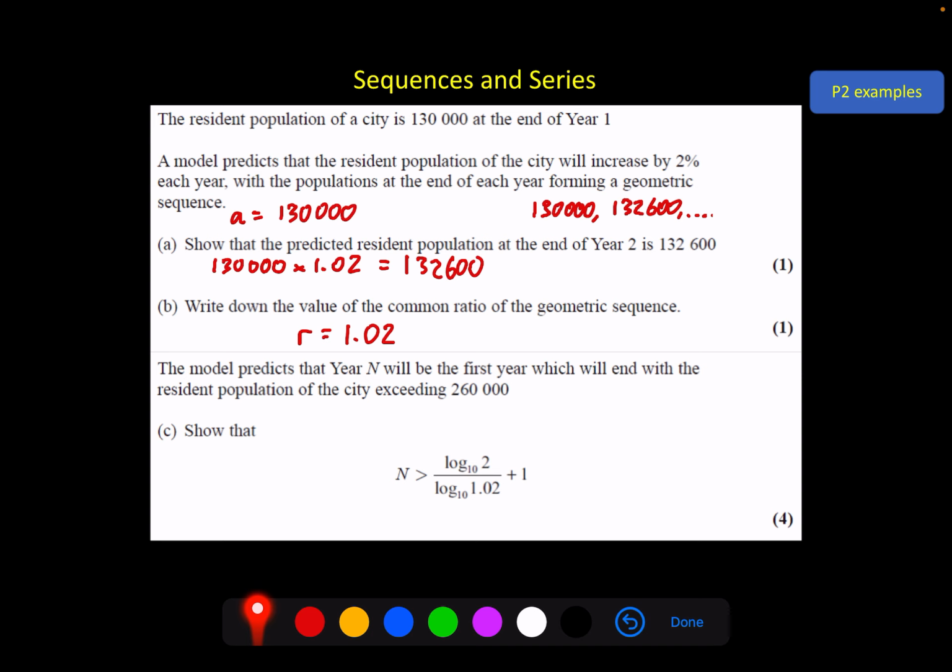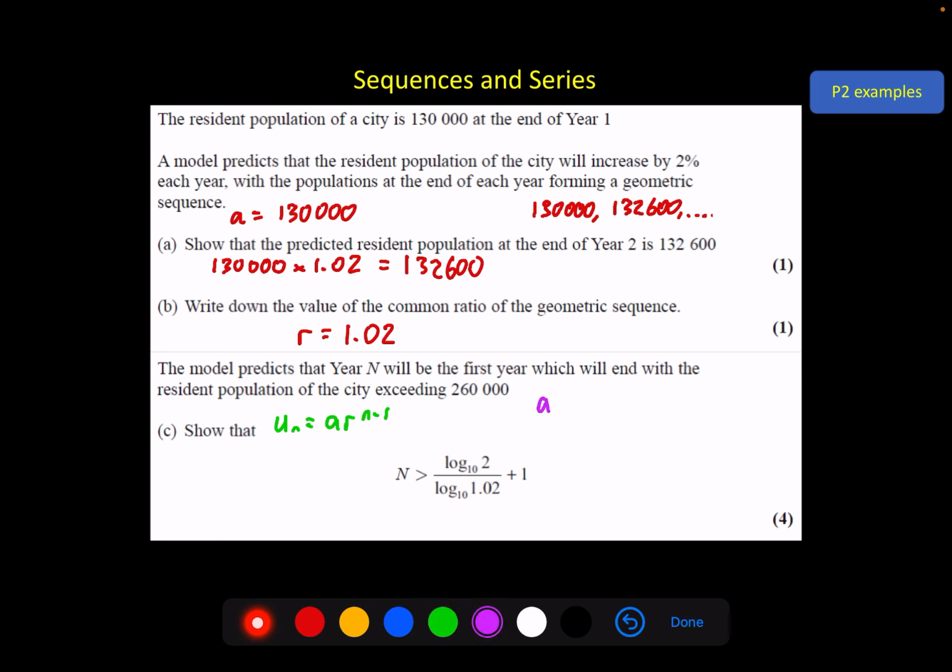So think about what we're doing. Year N is the first one that's bigger than 260,000. We're looking at the term. So we know the general term of a geometric sequence is ar to the n minus 1. So when little n equals capital N, this thing must be bigger than 260,000.